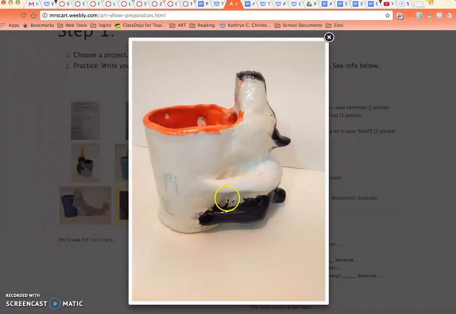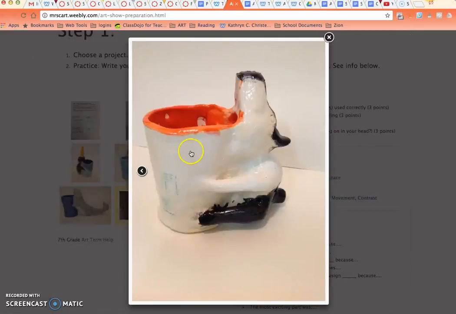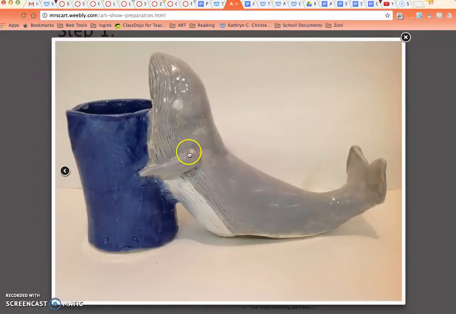This one doesn't have contrast here, but it has contrast on this leg and inside here. I'm not sure this is how you want it to look, because this is really messy, and I wouldn't really write about contrast because I don't think it's done very well. This one has nice contrast between this color, this color, and then these more pale colors for the whale.